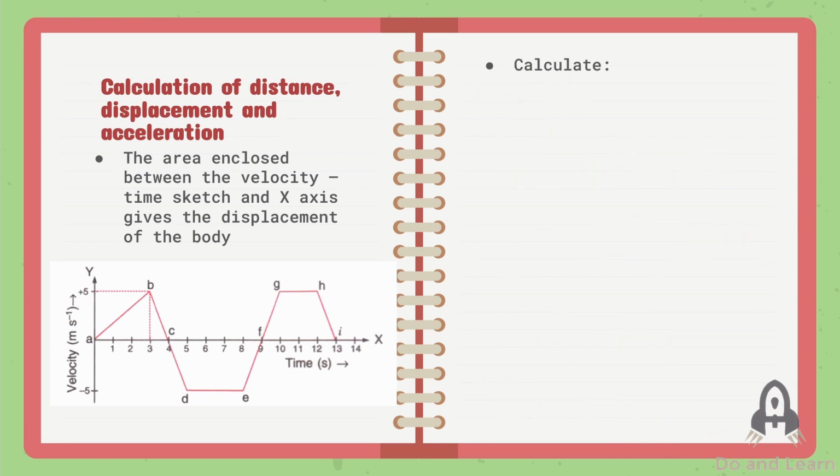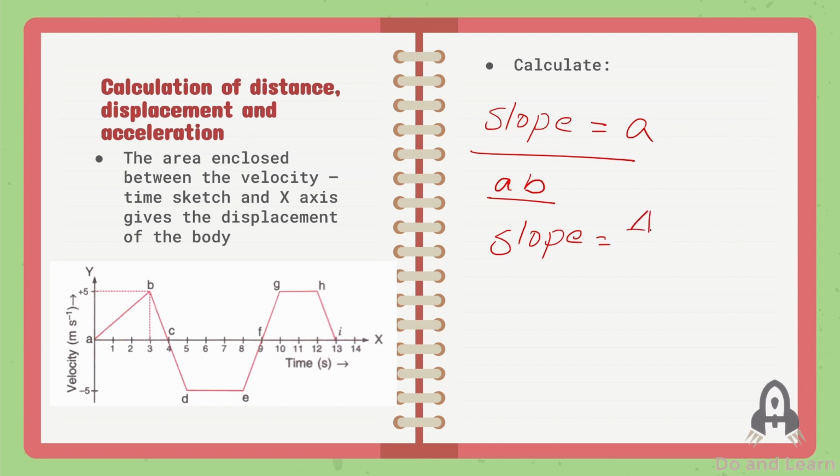Now let us see how to calculate acceleration from velocity time graph. The slope is equal to acceleration. The slope of velocity time graph will give you the acceleration. Let us calculate acceleration along the curve AB now. As an example, the slope is equal to, as I told you before, delta y divided by delta x.